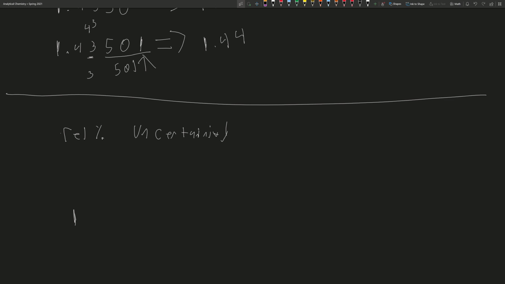We'll use E, we'll use E with a percentage sign left of it. So this will be absolute. This will be percent relative.